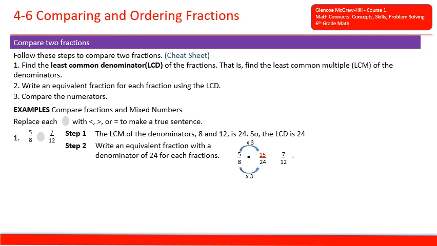And then we have 7/12, and we know that 12 goes into 24 twice. So 2 times 12 is 24. 2 times 7 is 14. Step 3, 15/24 is greater than 14/24, since 15 is greater than 14. So 5/8 is greater than 7/12.